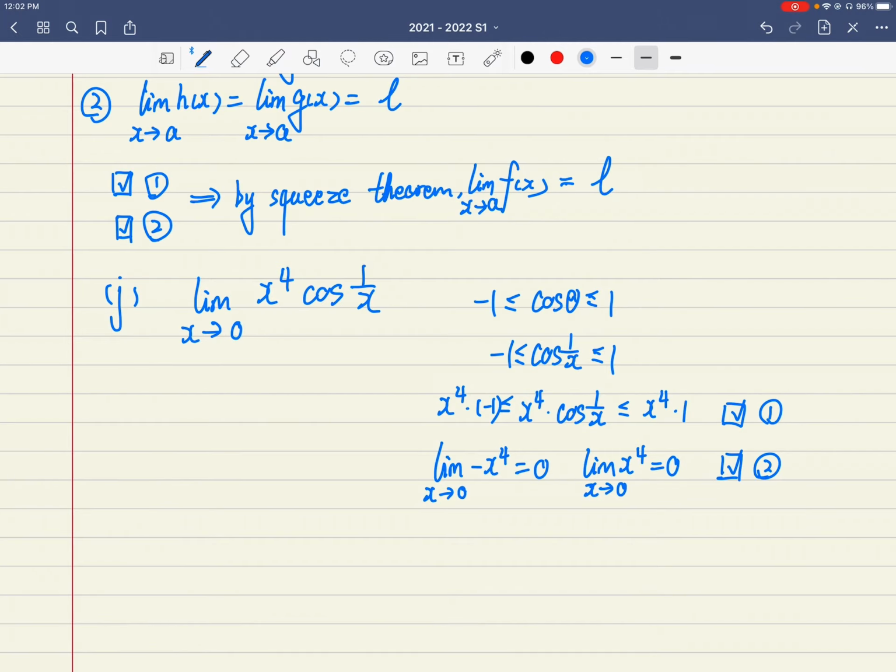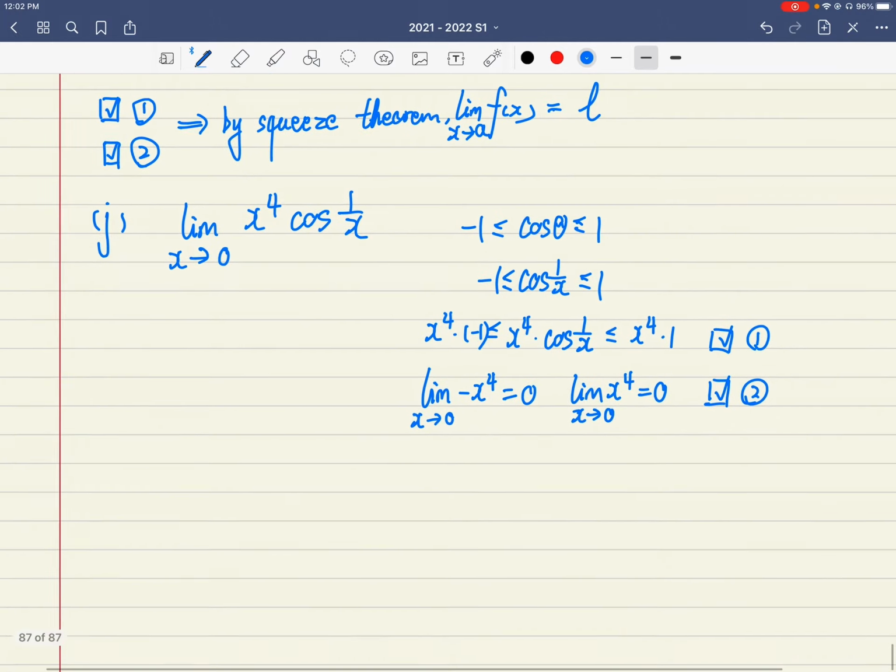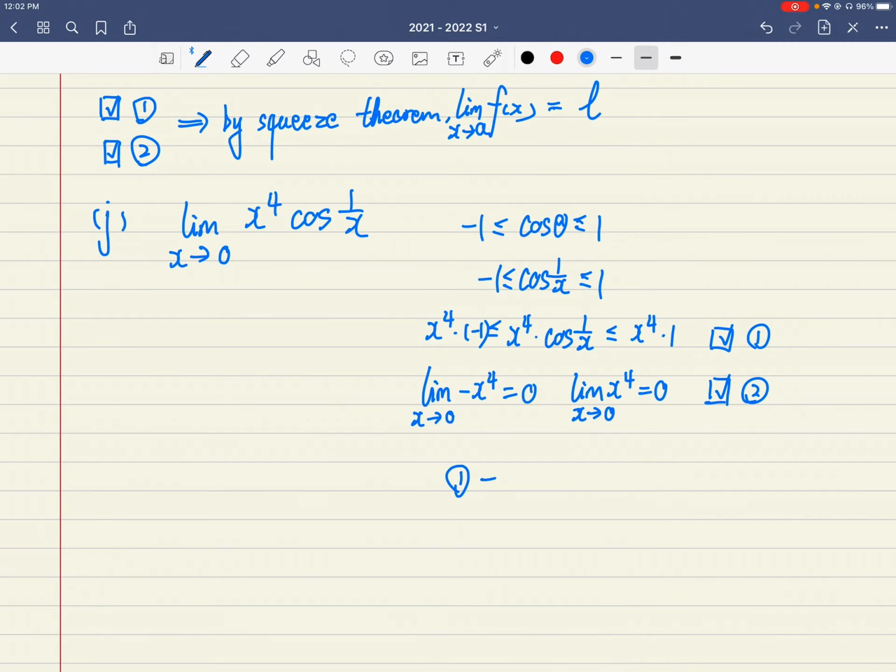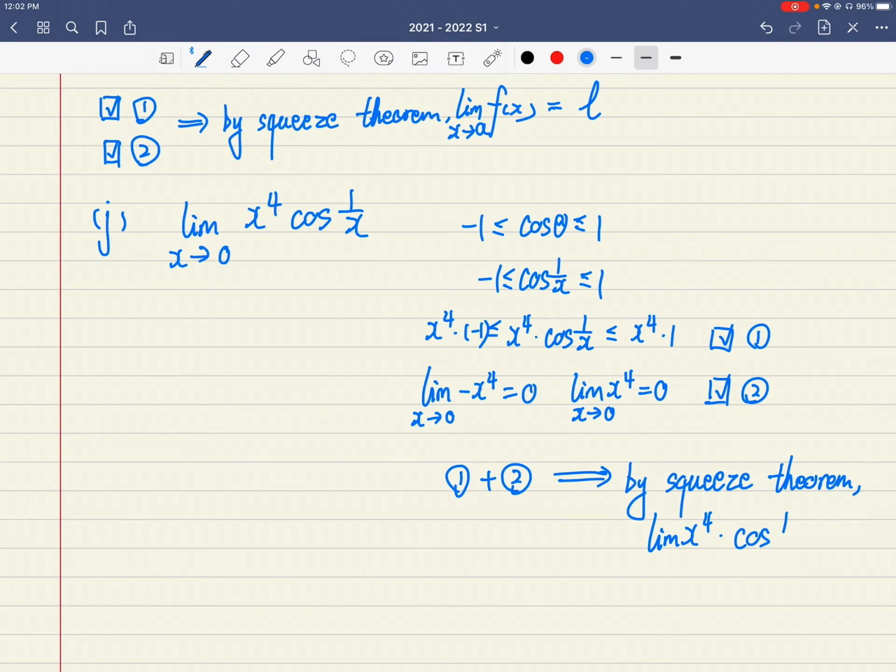So two boxes are both checked. So you can say by squeeze theorem, the limit of x to the power 4 times cosine 1 over x is also 0.